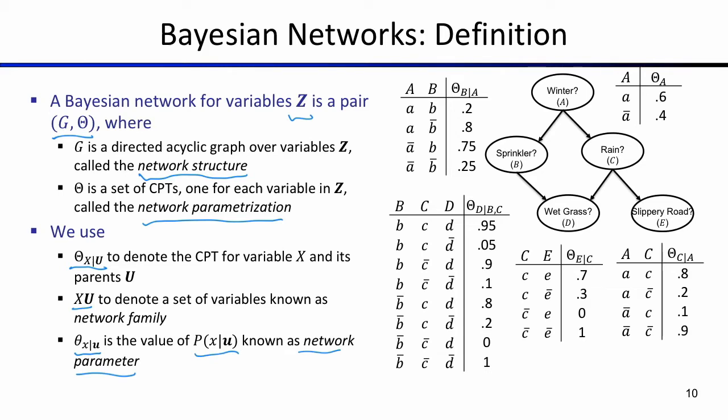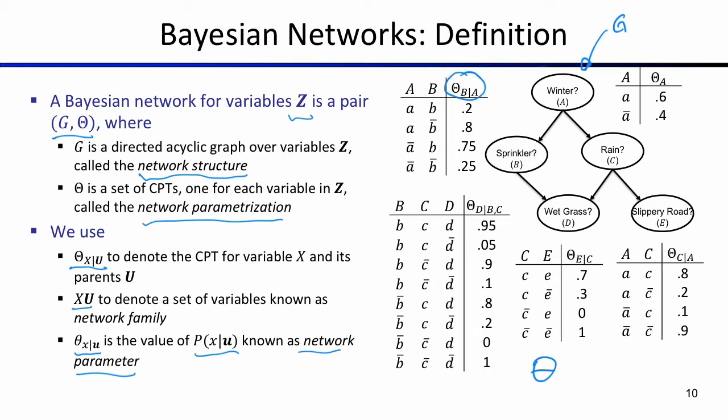In this example, we have the graph structure, this is G, and this is the set of parameters that we call big theta. For each node, we have a conditional probability table.